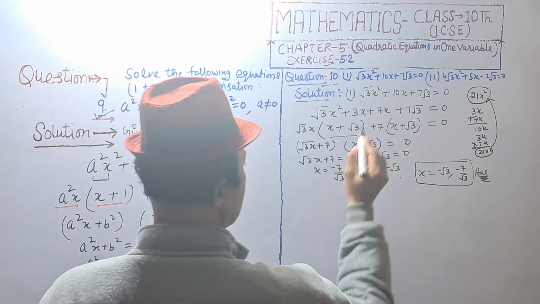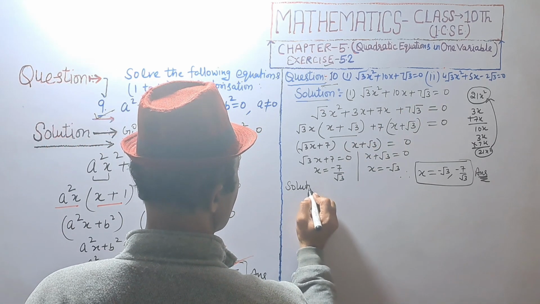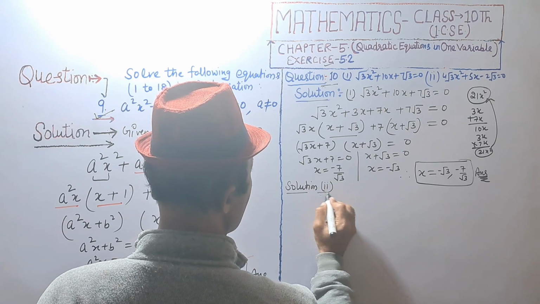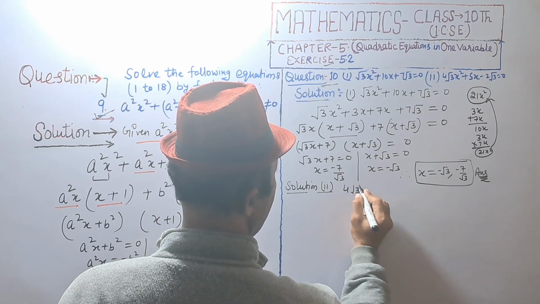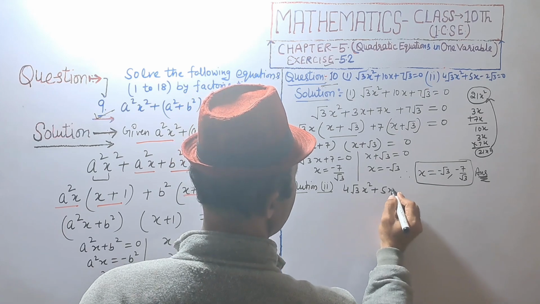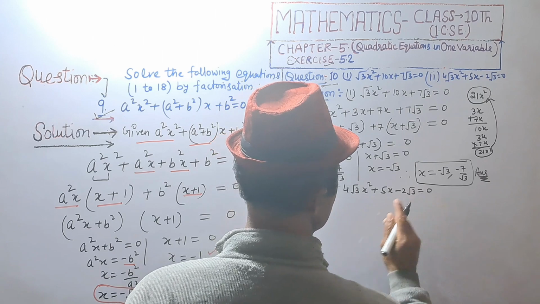And the second part is given: 4 root 3x raised to power 2 plus 5x minus 2 root 3 is equal to 0.